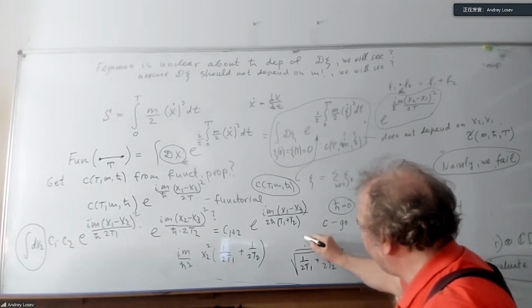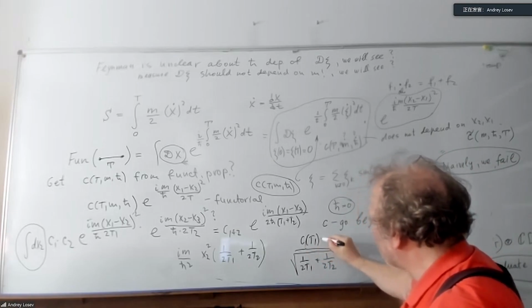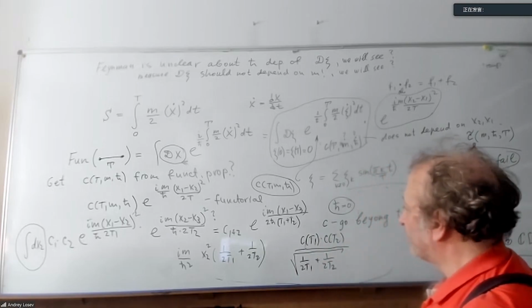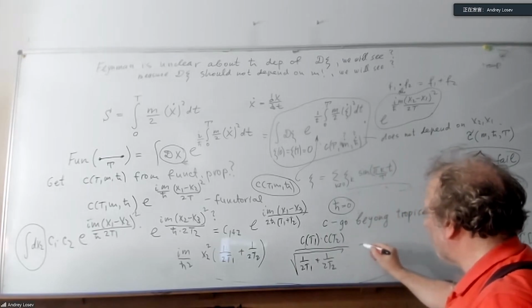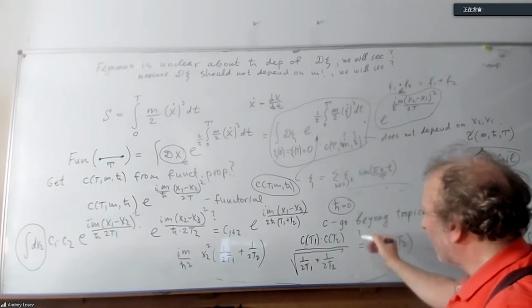And here I have C of T1, C of T2. And I actually want this to be equal to C of T1 plus T2. Is it possible?